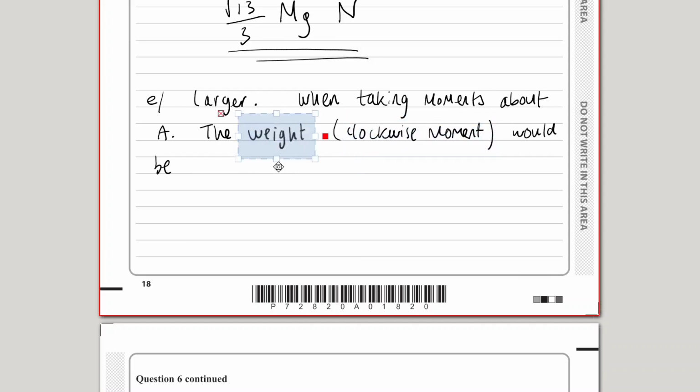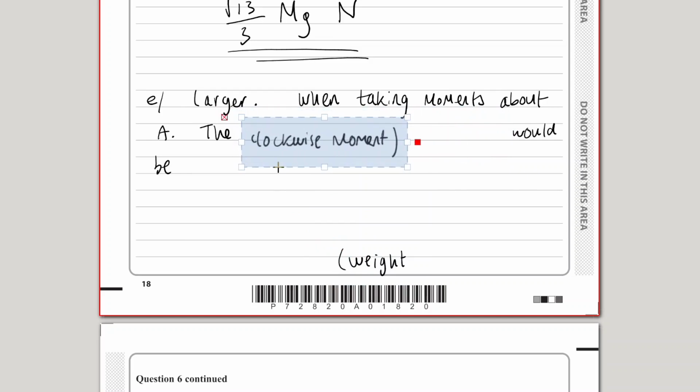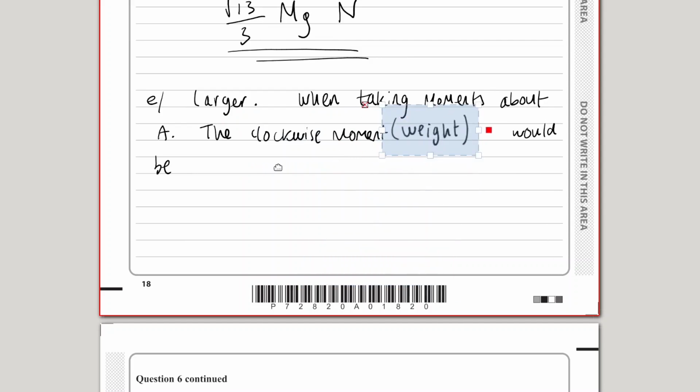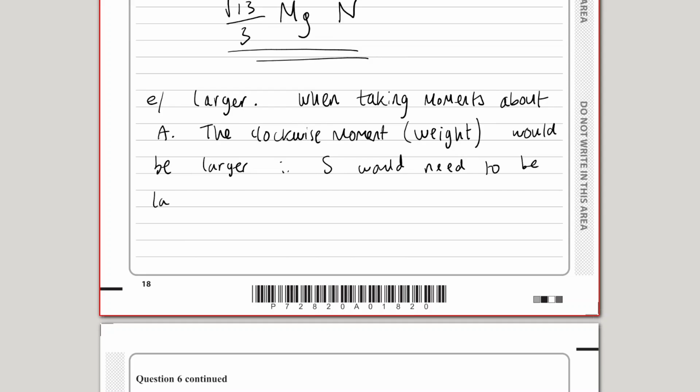So it's the clockwise moment, in brackets the weight, would be larger, therefore S would need to be larger.